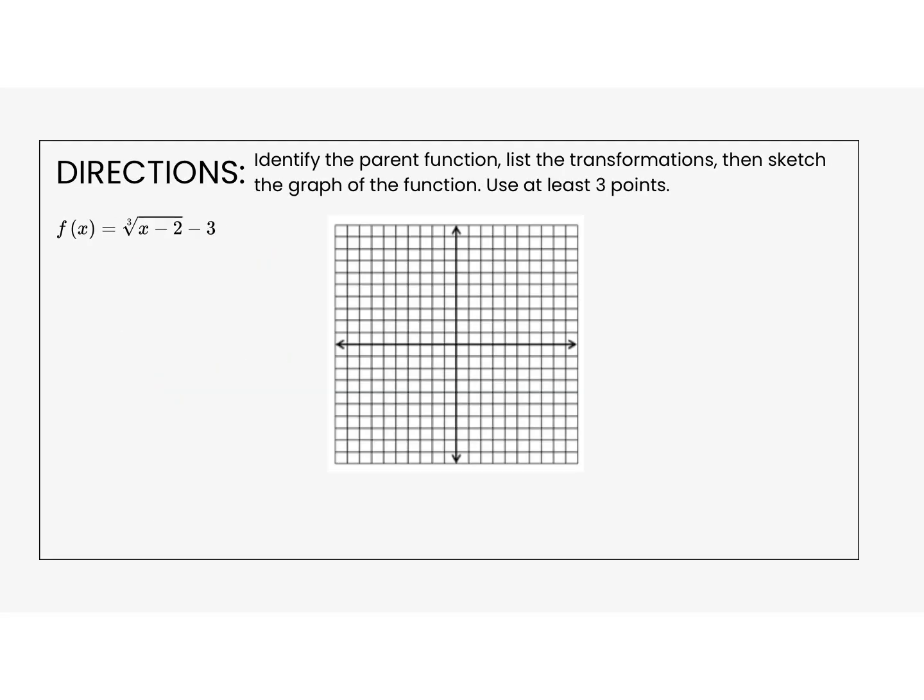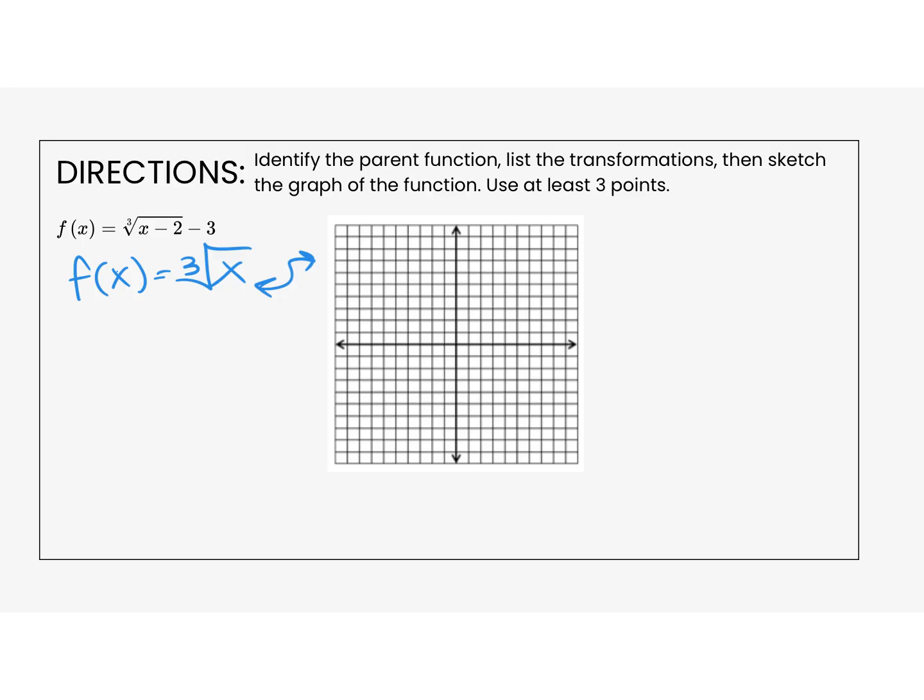Let's look at what an actual graph looks like, okay? So the parent function, we're going to identify the parent function, list the transformations, and then sketch the graph using at least 3 points. So my parent function would be the cube root of x, and that is the one that looks kind of like that.